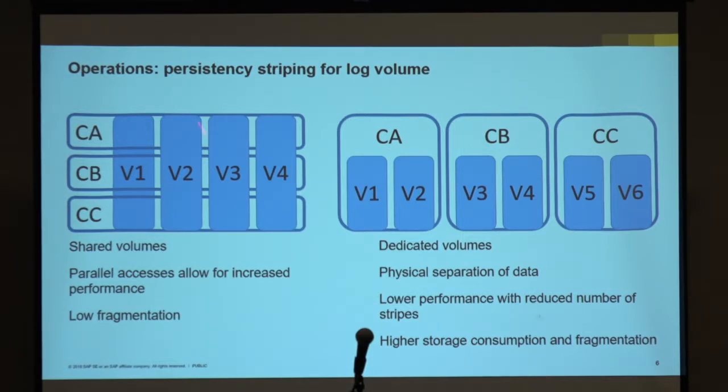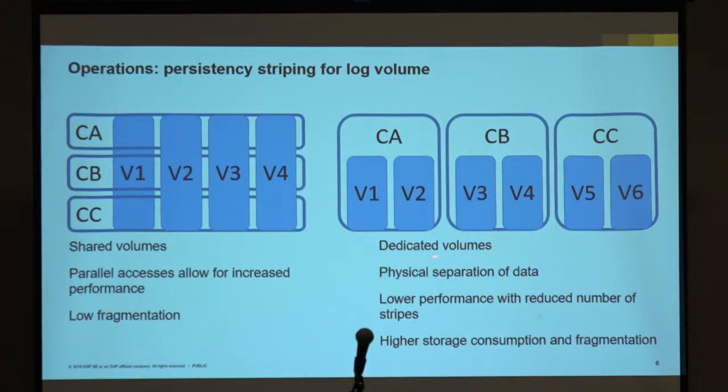And as we share the volumes among all the containers, it can help to reduce the fragmentation and use the storage efficiently. On the other hand, the alternative is to have dedicated volumes for the containers. So now you can see that we have again the containers CA, CD, CC, and each one is provided with their own storage volumes.